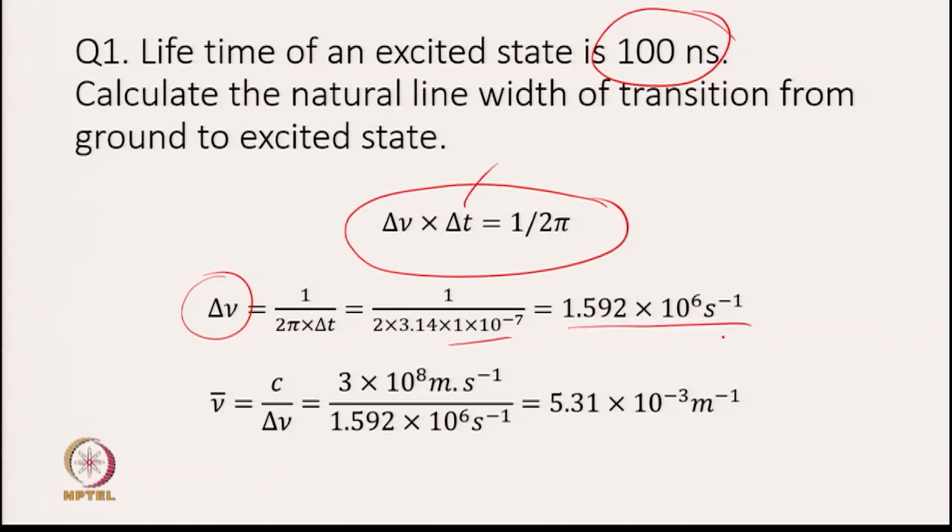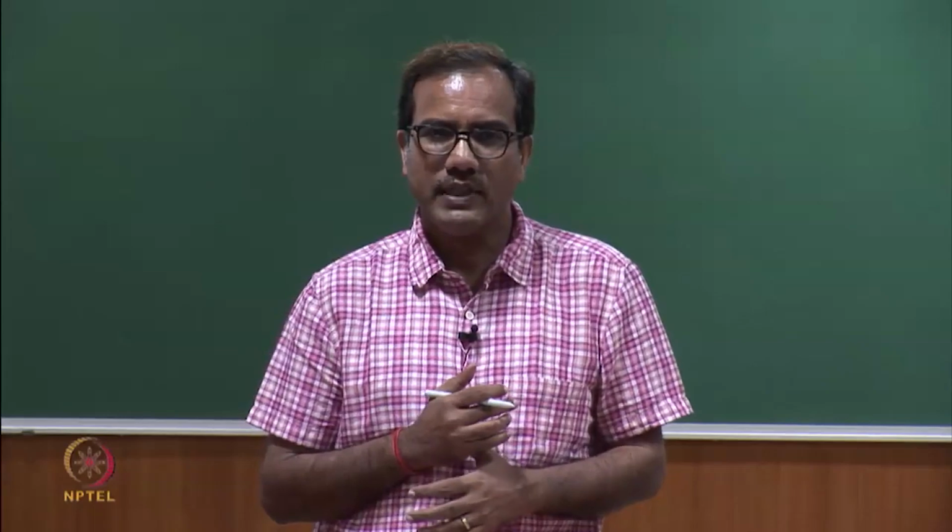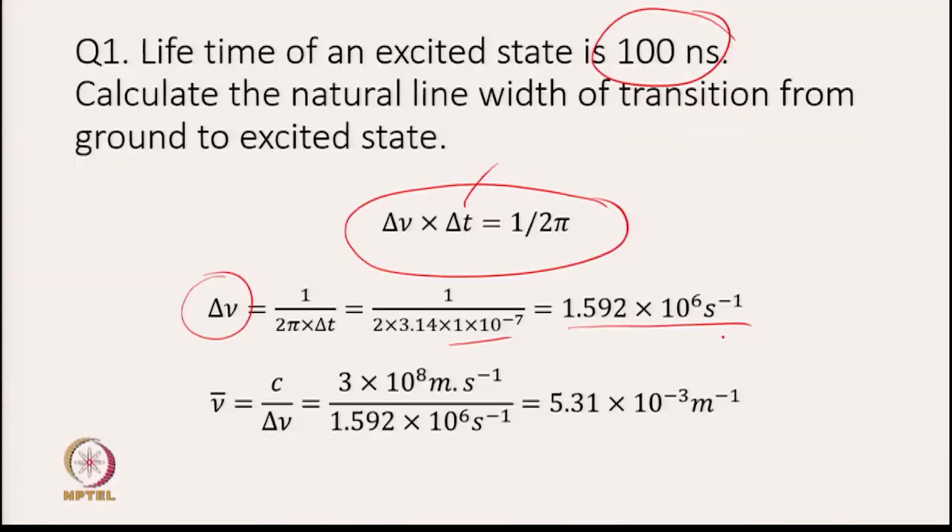So, this is your natural line width in frequency unit, and you can calculate natural line width in wave number unit by simply dividing this by c, and this comes out to be 5.31 into 10 to the power minus 3 meter inverse.